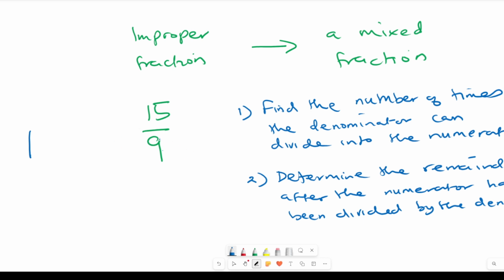So 9 goes into 15. The remainder is 6. The remainder is 6.